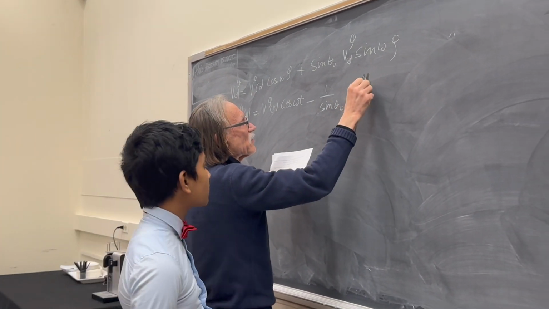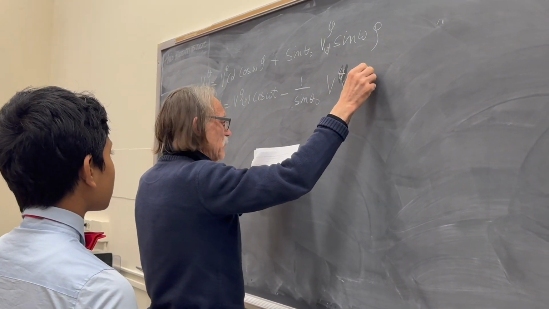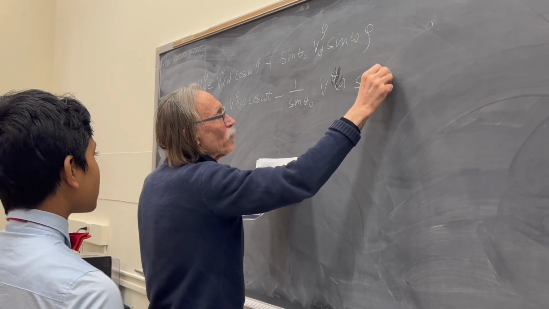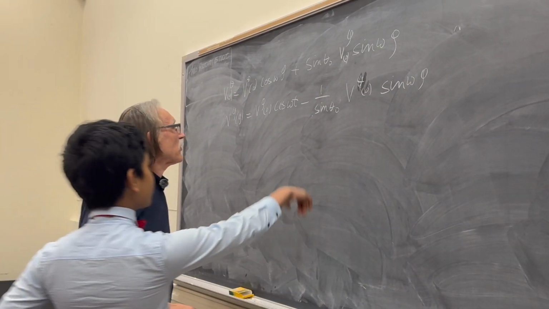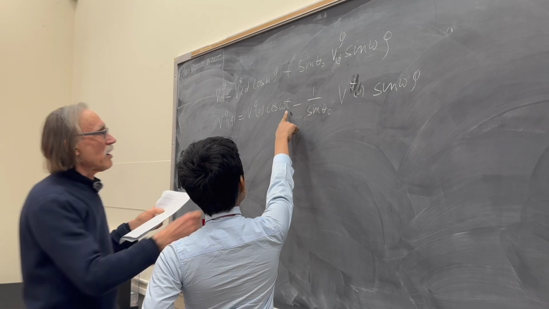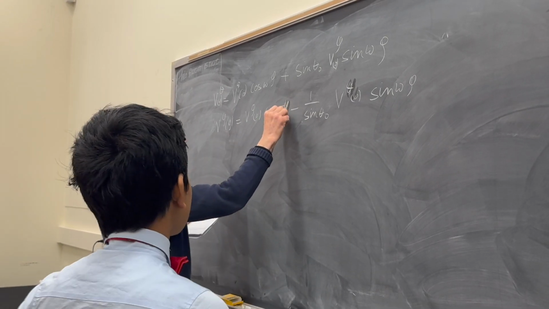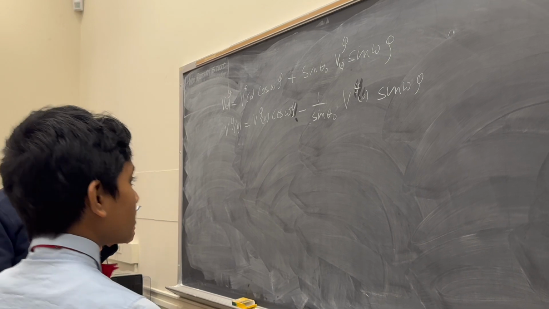Sorry, this is v theta at 0 times sine of omega phi. Oh, that is a phi, right? Oh, yeah, I'm thinking in terms of phi. Good.